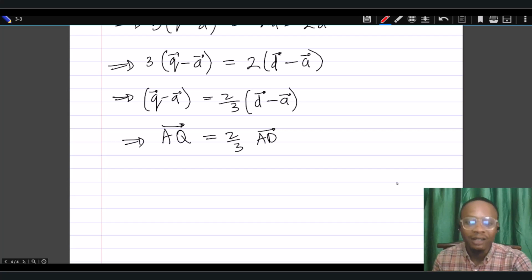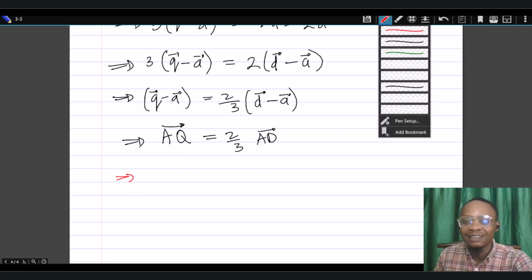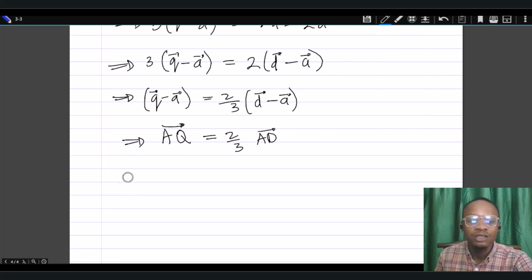All right, now, so we have this implies that, sorry, I didn't intend to use that here. So this implies that, say, thus AQ and AD are collinear.